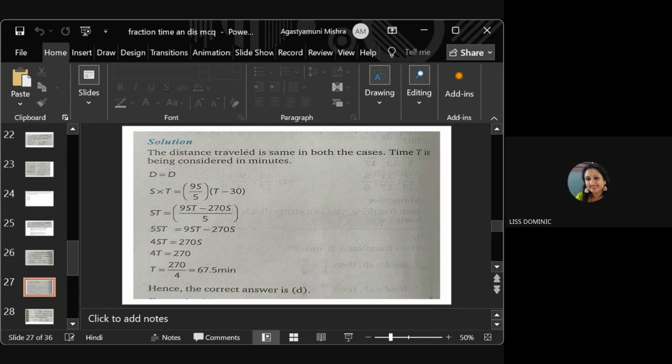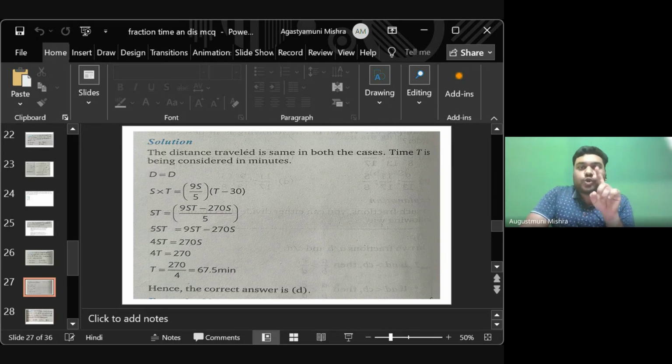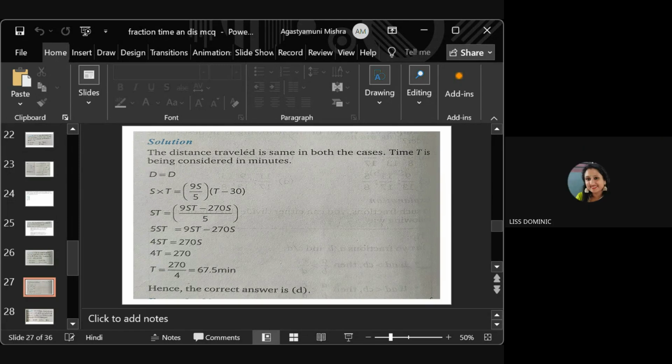That means just 9 into 5? No, ma'am, 9S into T, 9S into T. This bracket: 9ST minus 9 3s are 27, that is 270S. Okay, sir. Now I got it. Thank you so much.